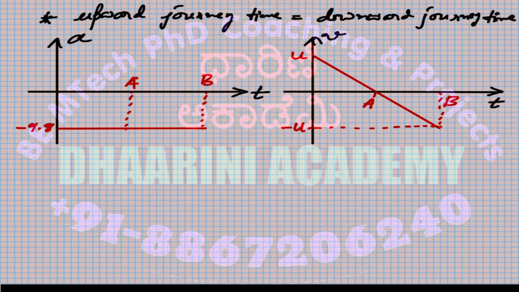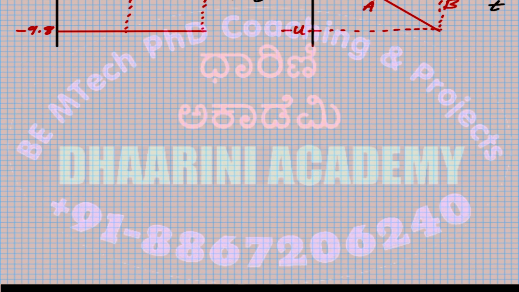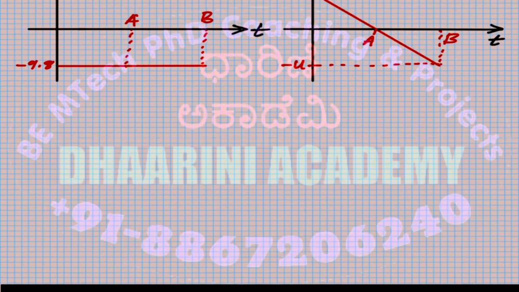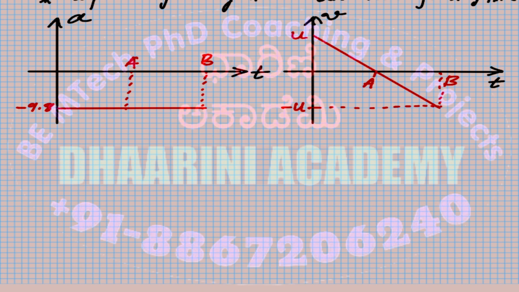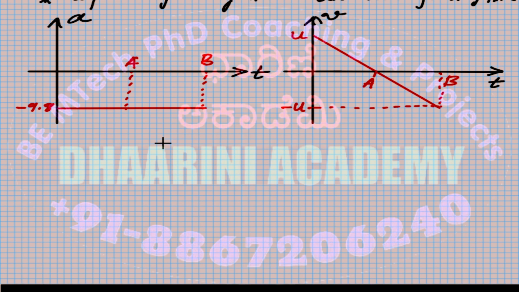Okay, this is our observation, and let's come to the third graph. In the third graph, our intention is to plot the displacement versus time. So let us say this is the time axis, this is the displacement s of the object.